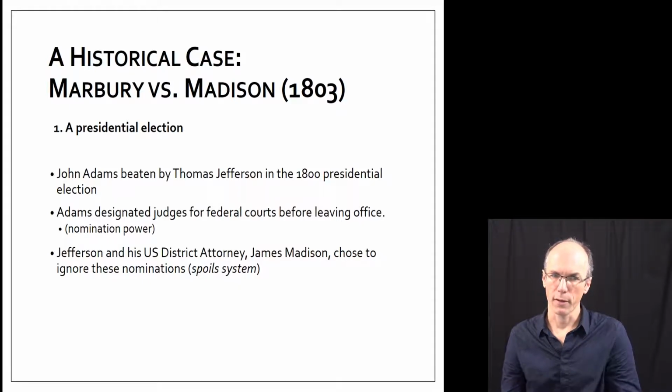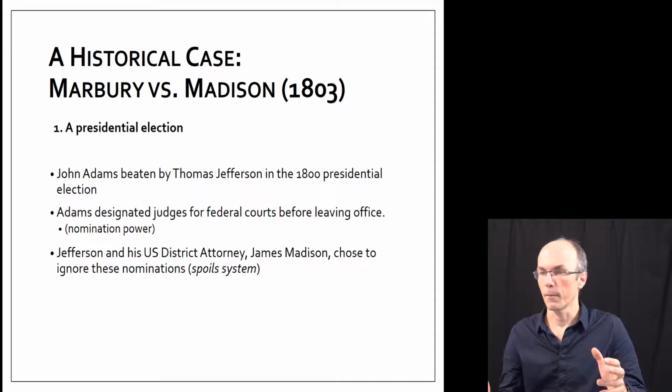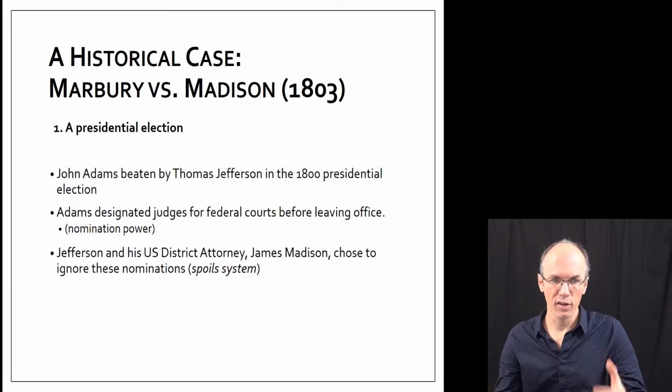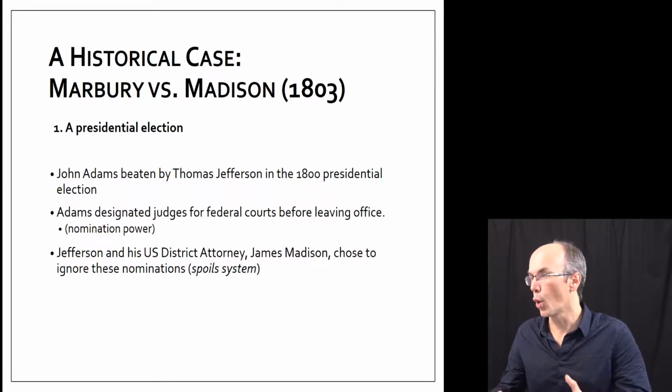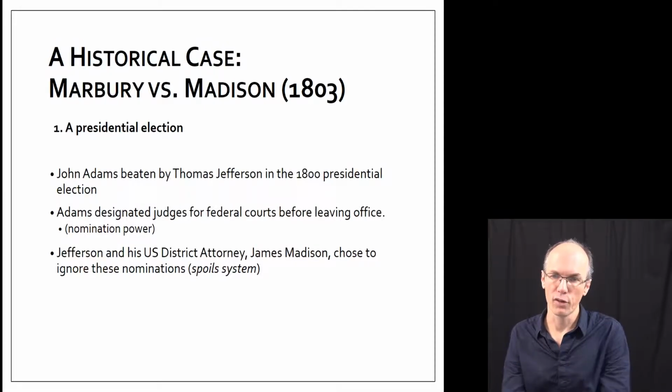And before leaving, Adams designated judges for federal courts, his friends, basically. This was called the spoils system. You have friends, you are in politics, you reward these friends with official positions.